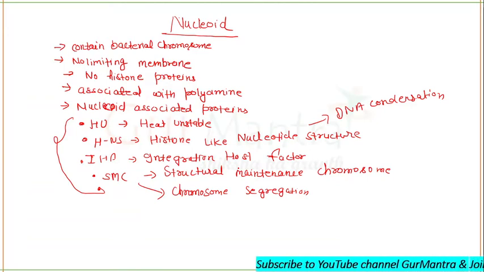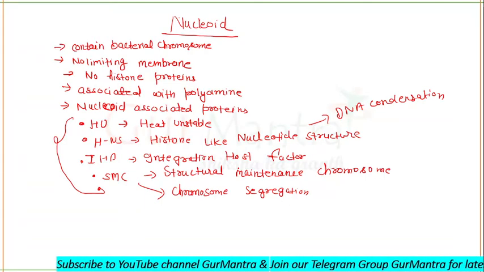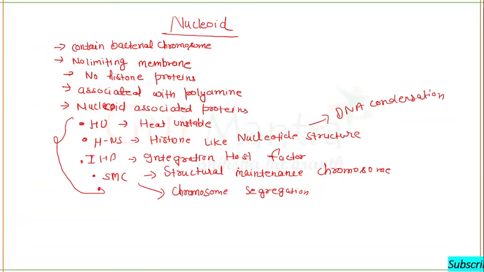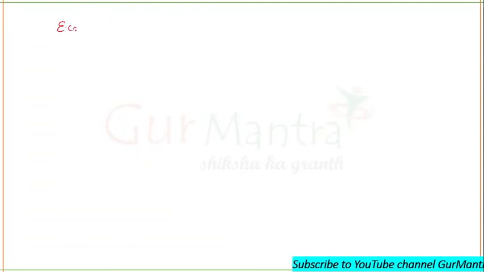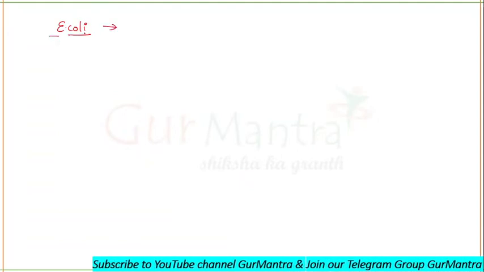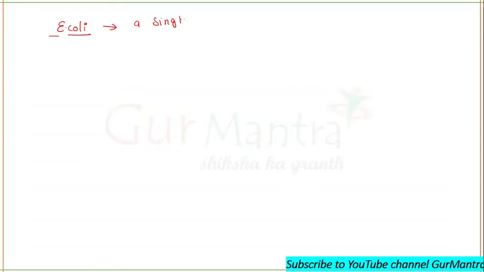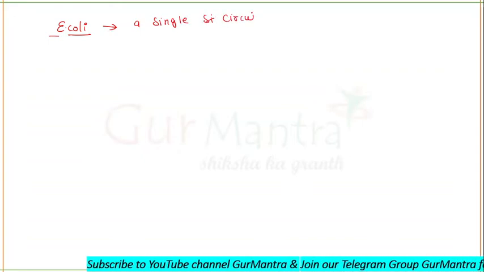All these proteins help in integration, inversion, and recombination events by bending the DNA. Most bacteria, if I'm talking about E. coli, how many chromosomes are there in E. coli? E. coli has a single circular DNA molecule.